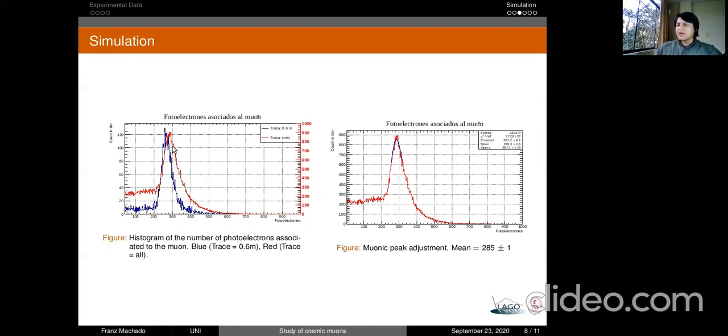So we can see that the peak is almost the same. So we can say that this peak is mainly because of the vertical muons. So again, we can adjust this curve and we find a relation between the number of photoelectrons and the energy.